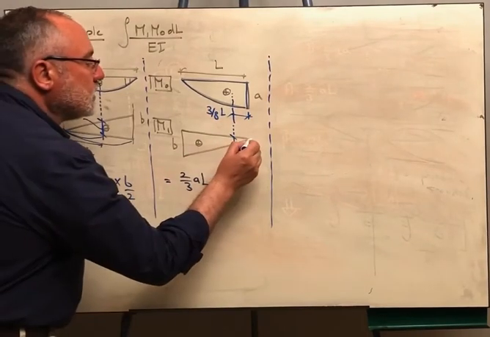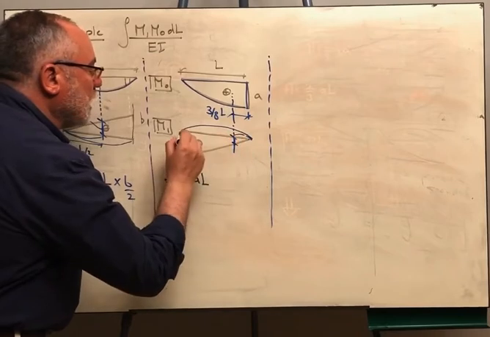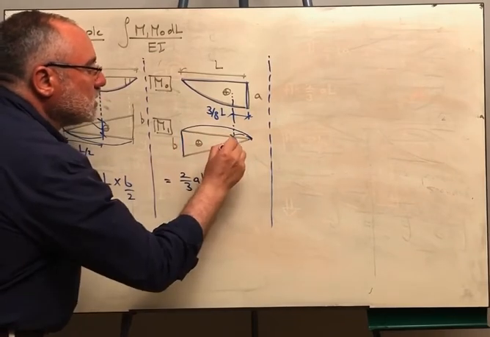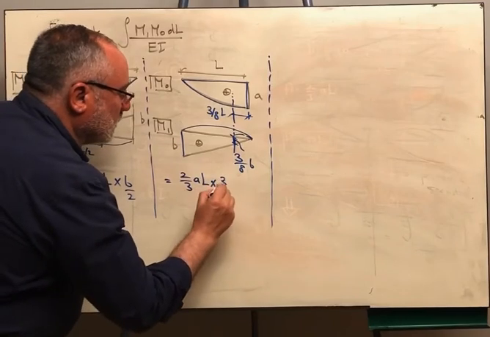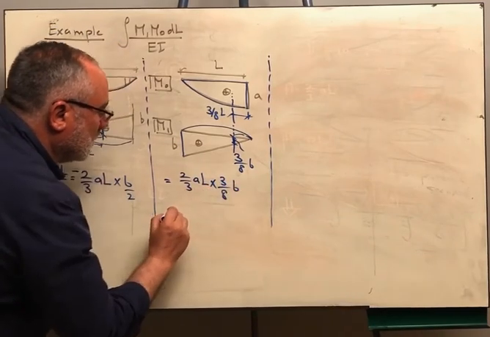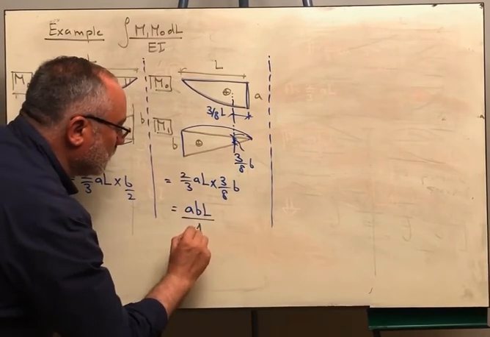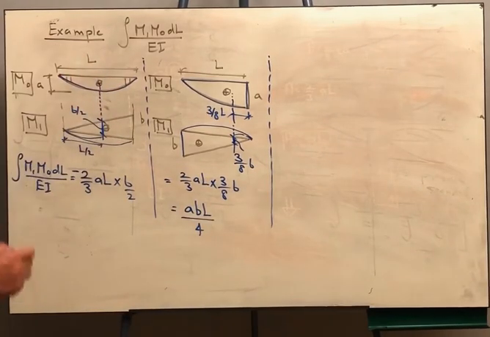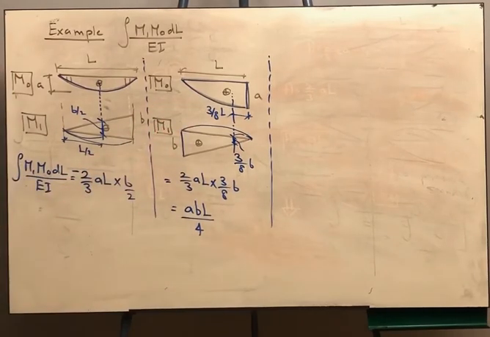So I'm going to say 3/8 of L over L is equal to this value over this value, which means that this value is 3/8 of B, which means that this is ABL over 4. Okay? Of course, this is positive and this is positive, yet the result is positive.